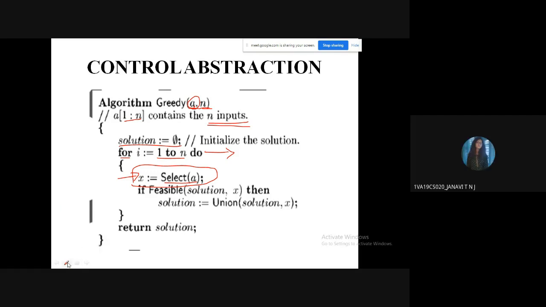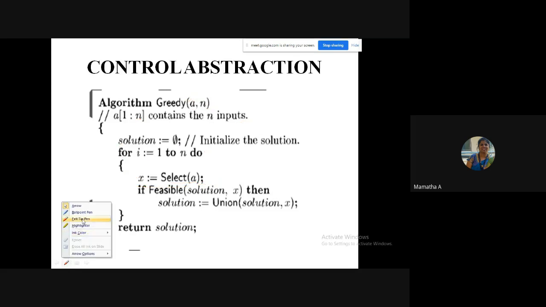Considering the inputs in an order, ma'am. Yes, okay. So what does this function do for me? X equals select A will select one input in A based on some selection procedure. This is an abstract.